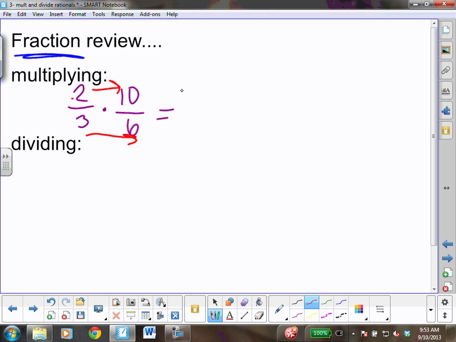So 2 times 10 is 20. 3 times 6 is 18. And this would be my resulting fraction. If ever I have a fraction, I should reduce it. Both of these numbers can divide by 2, so I have 10 over 9.